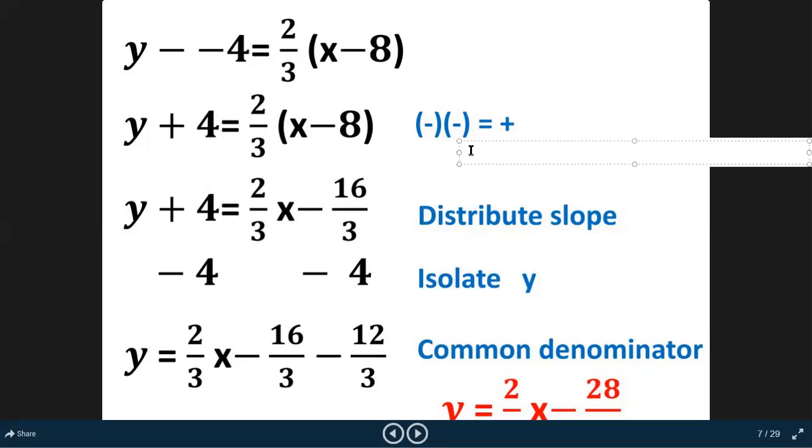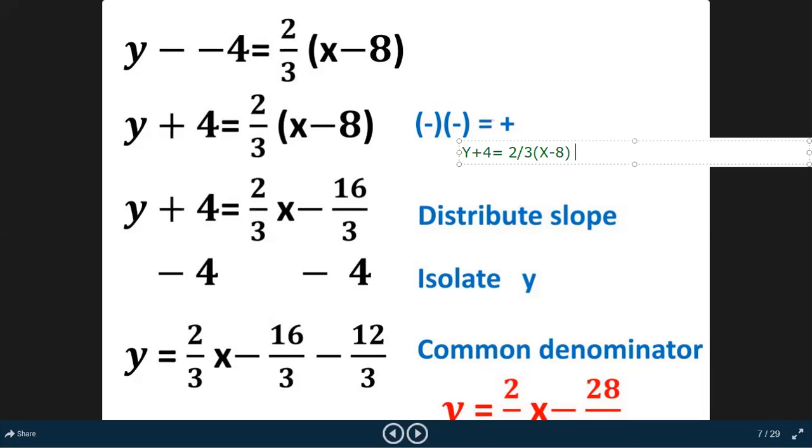The first equation was y plus 4 equals 2 over 3, and then open parentheses, x minus 8. This one is now written in which form? Y plus 4 equals 2 over 3 x minus 8.